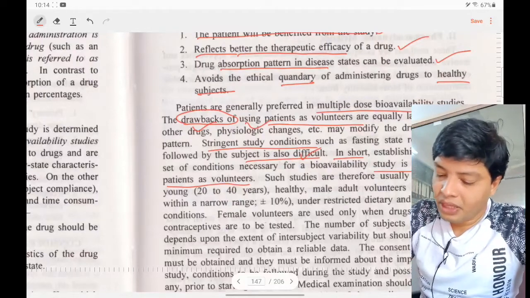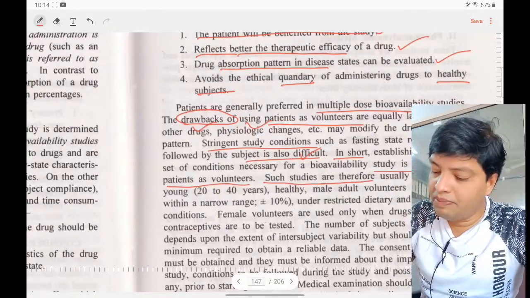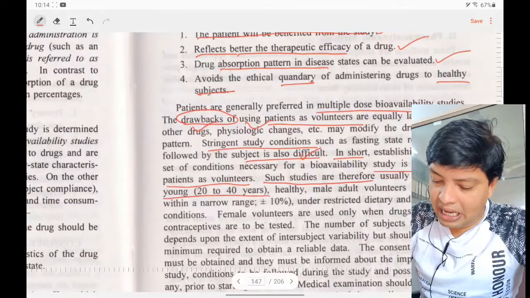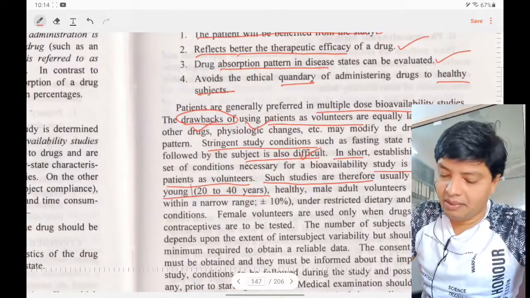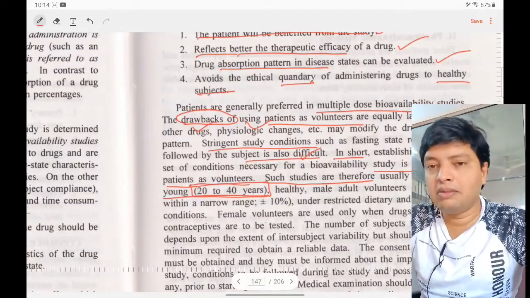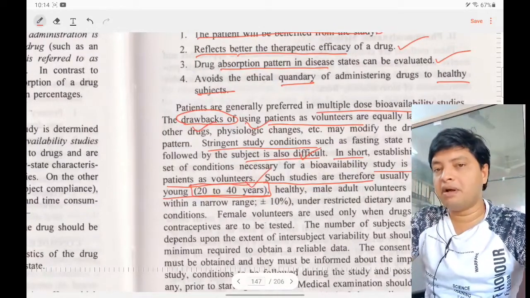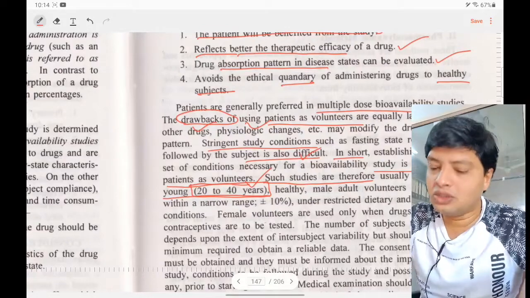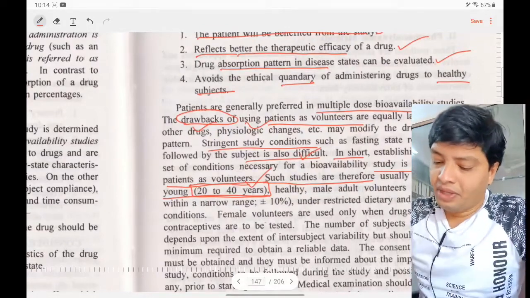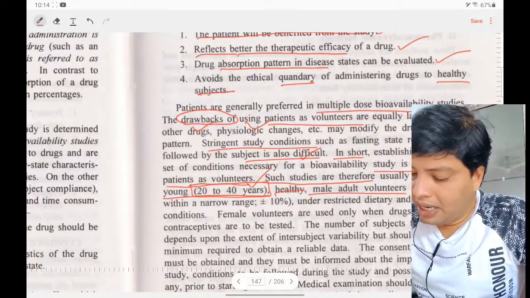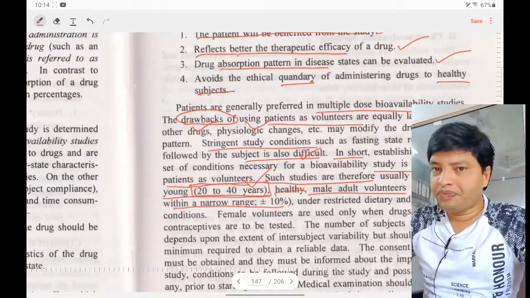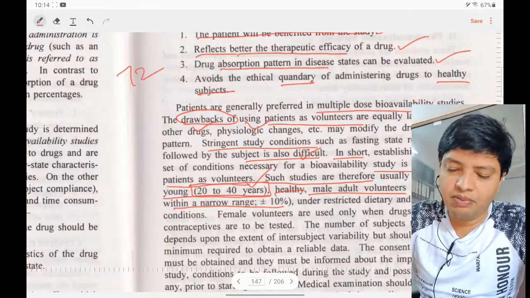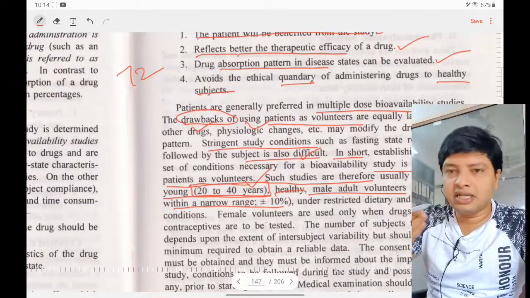Such studies are therefore usually performed in young volunteers, 20 to 40 years. Remember, multiple dose bioavailability studies are performed in young, healthy male adult volunteers of 20 to 40 years, with a body weight within a narrow range of plus or minus 10.